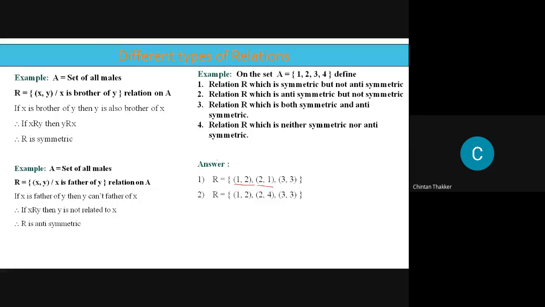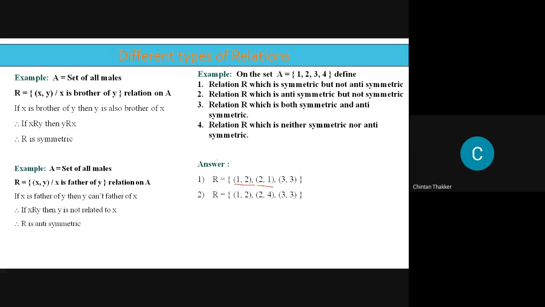So here R is anti-symmetric. It is not symmetric, because 2, 1 and 4, 2 are not in R.